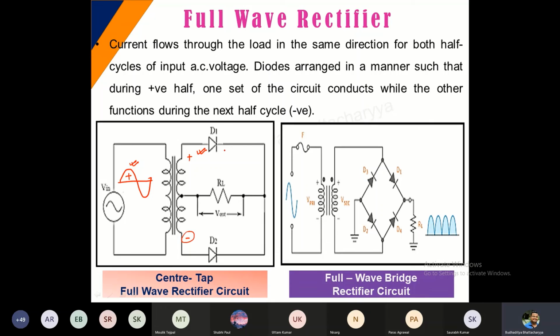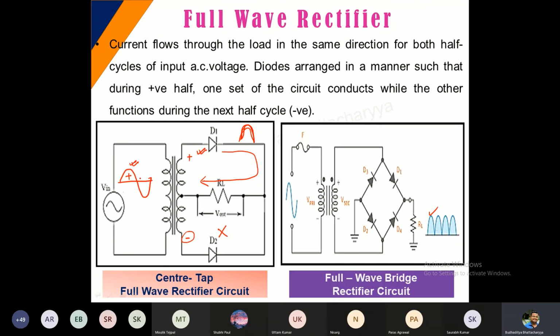So this positive will allow the current to flow like this, only the top half cycle. Whereas this is negative and this diode is connected like this, so there will be no current flowing through it. So for the very first half, you are supposed to get an output which will look something like this, which is the same as that of this. Or you can see it here. So this is, suppose, the first output.